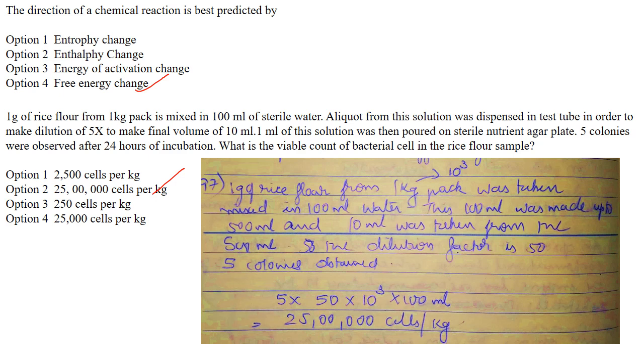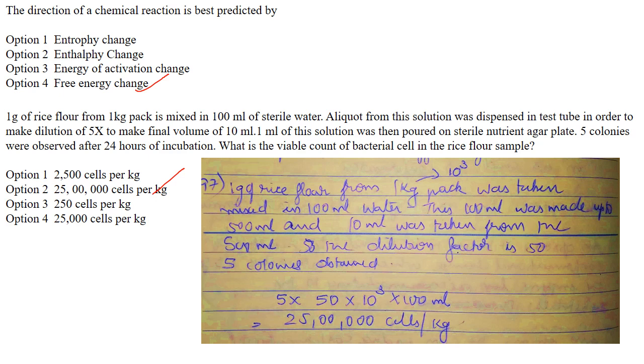Aliquot from this solution was dispensed in test tube in order to make dilutions of 5x to make final volume of 10 ml. 1 ml of this solution was then poured on sterile nutrient agar plate. 5 colonies were observed after 24 hours of incubation. What is the viable count of bacterial cell in the rice flour sample?